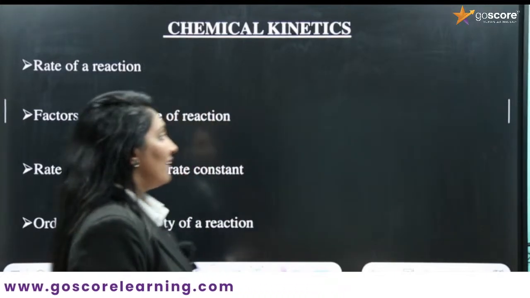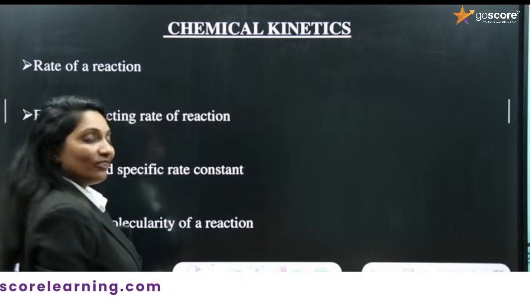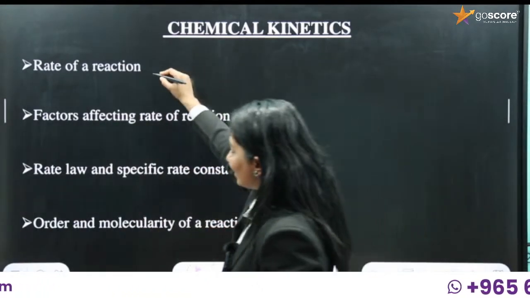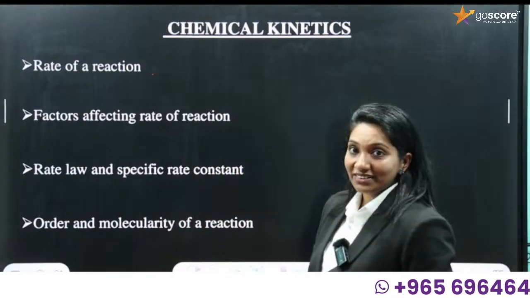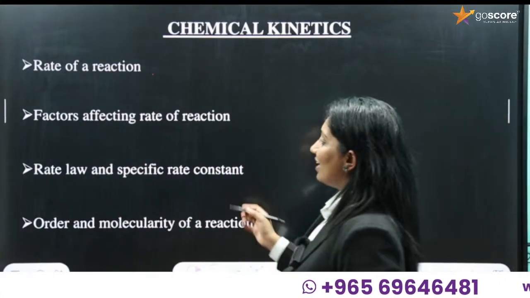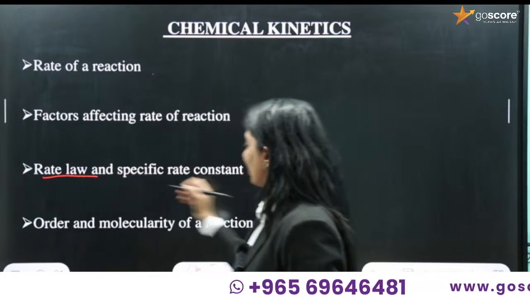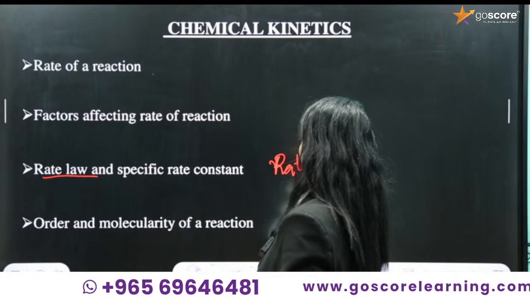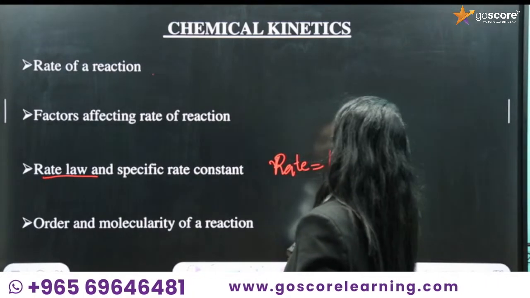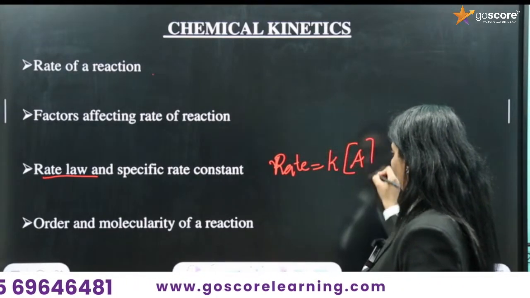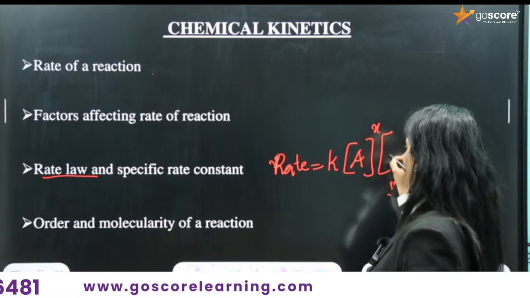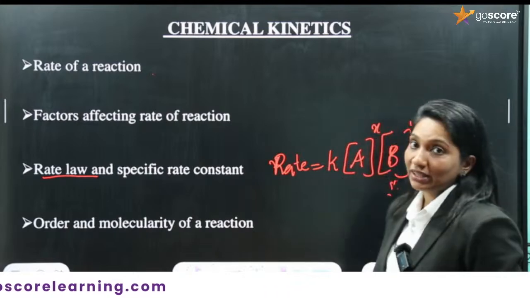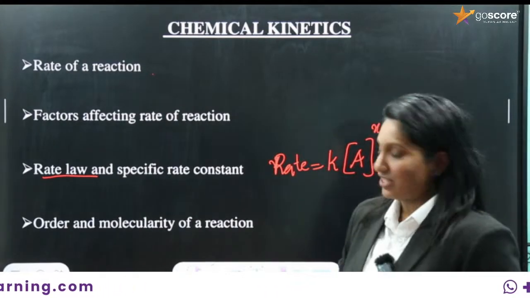So, whatever we covered in this chemical kinetics chapter: I have discussed the rate of the reaction, the different factors that affect the rate of reaction, and the rate law, the very important one, that is rate is equal to rate constant K into concentration of reactant molecules, each term raised to some power that may or may not be the stoichiometric coefficient, right?